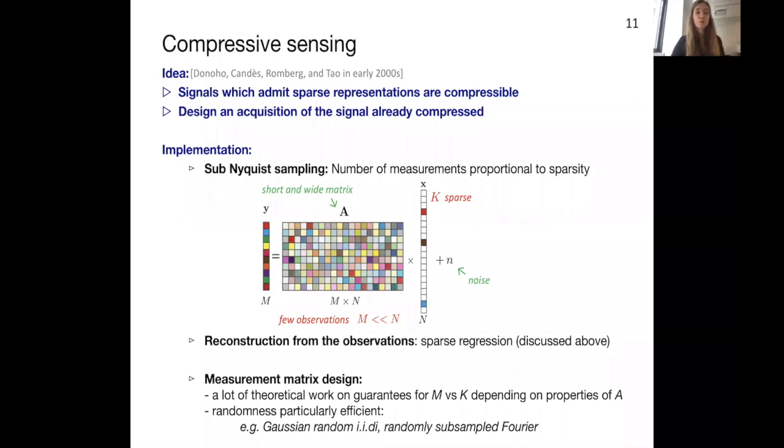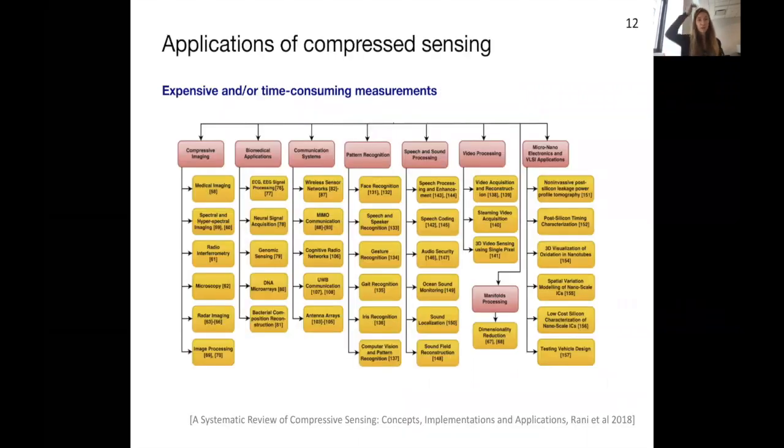For example, you could take A being a Gaussian matrix with random IID entries, or randomly subsampled Fourier, and be very efficient in this compressive sensing. So compressive sensing now has had a lot of impact, everywhere where measurements are either expensive or time consuming.